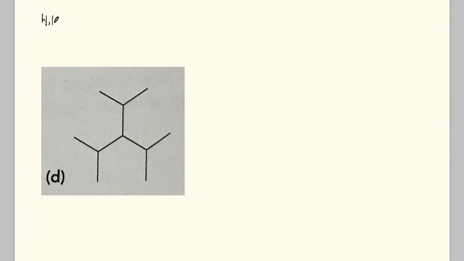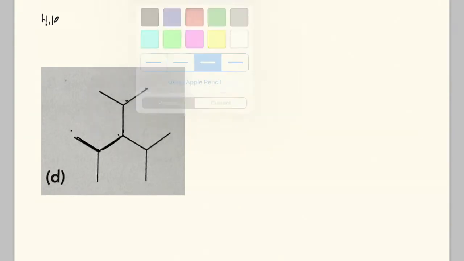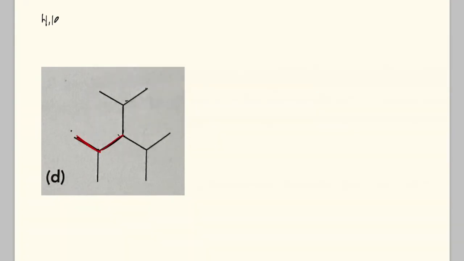Part D, we want to select the longest chain with the most branching. So 5 carbons, any which way you do it. Because of this very symmetrical molecule, it really doesn't matter which way you highlight the longest chain. I'm going to do it this way.